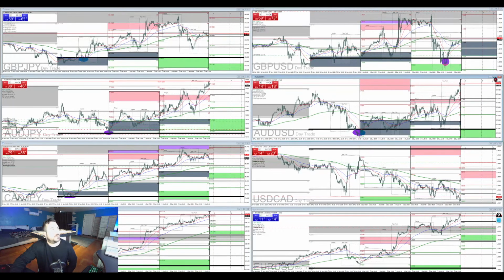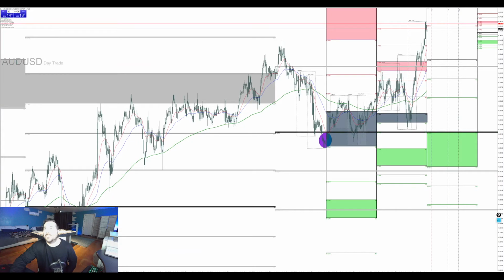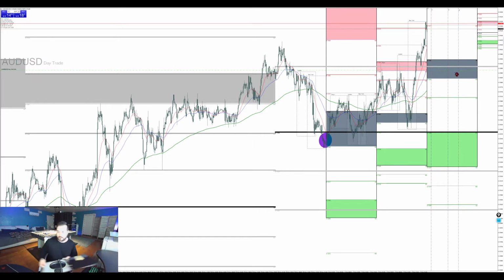And then I have my zone here for the Australian US dollar. This one's going to be order number 0223.